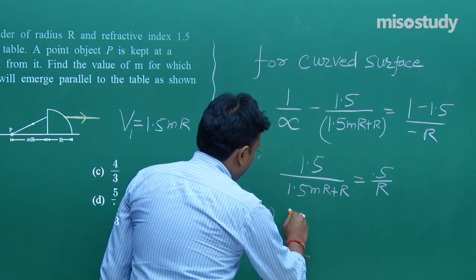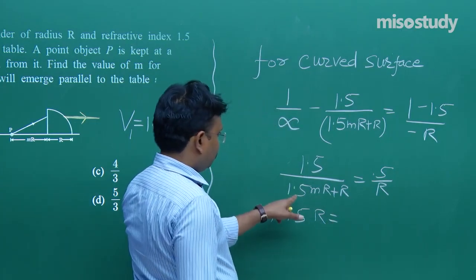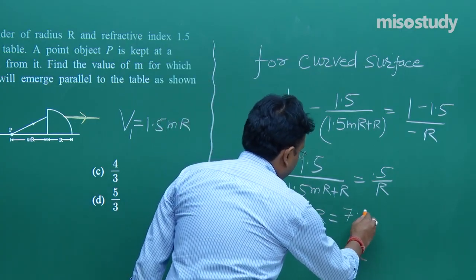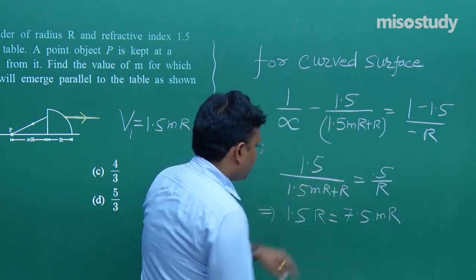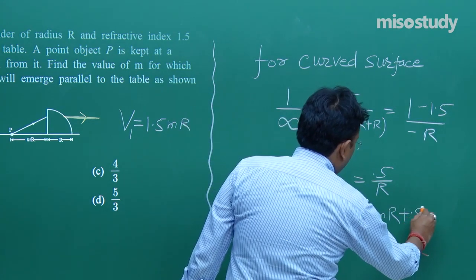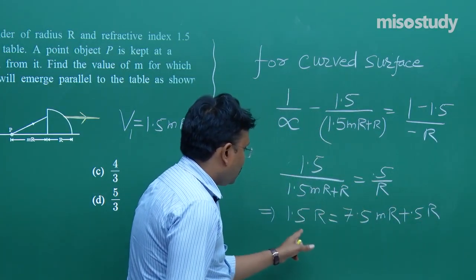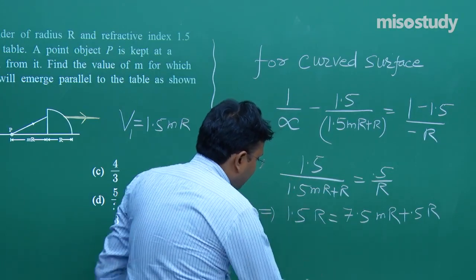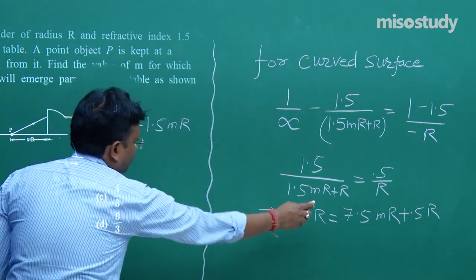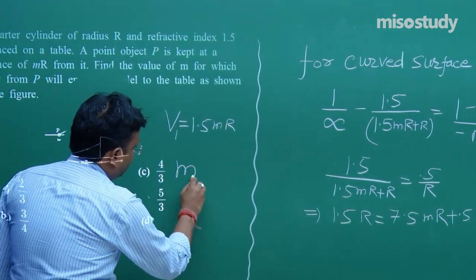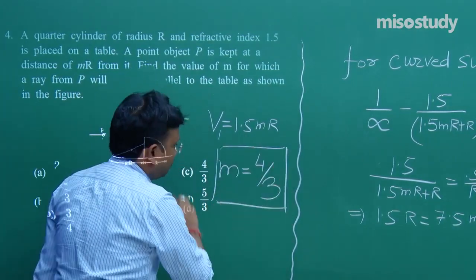So, this is 1.5 r is equal to 7.5 mr plus 0.5 r. Fine. Pick this value over here, r are cancelled. So, ultimately from this relation you will get m is equal to 4 by 3.